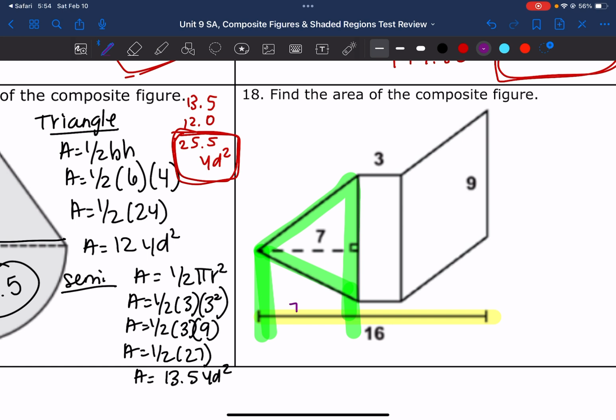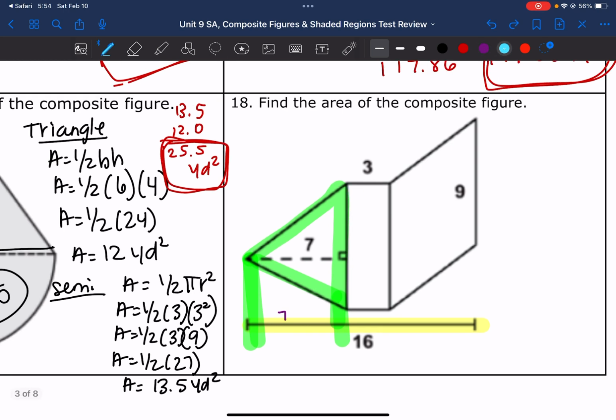I know that the rectangle is from here to here, and that is going to be 3 because parallel sides say that this is going to be 3 here.